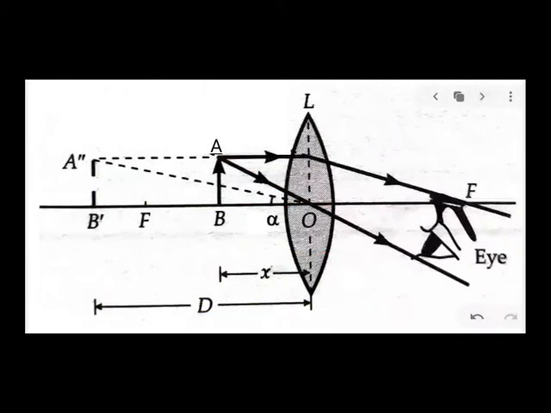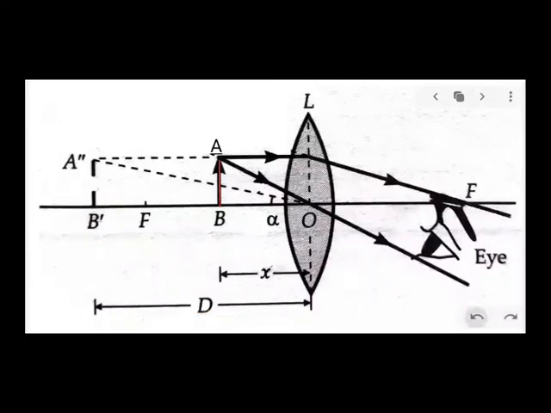Similarly, suppose you have your object AB. Now what we will do is place our object AB at the least distance of distinct vision, that means at this point.